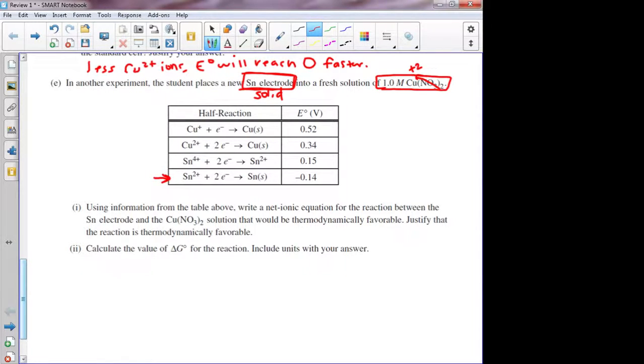Why am I using this one versus the one above it? These are both what? Ions. Are ions solid? They are not in the solid state of matter. Can I stick an electrode of Sn4 positive into a solution? No, it wouldn't be an electrode.